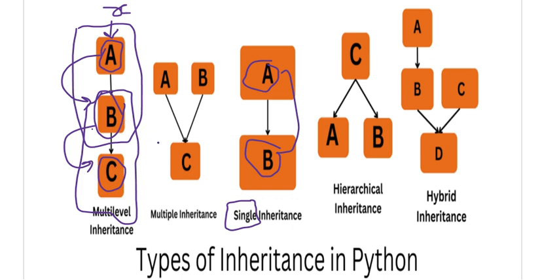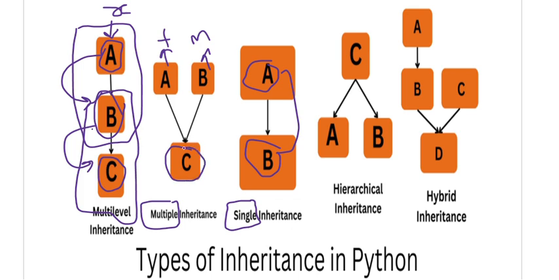Next comes multiple inheritance. What does multiple inheritance mean? Look here very carefully. Let's consider A is a father and B is a mother. The father and mother have only one child.